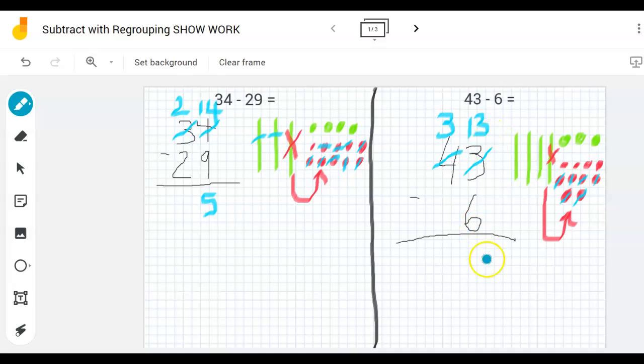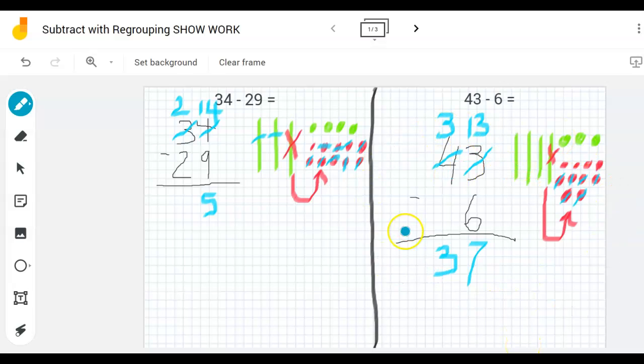All right, so what is 13 minus 6? How many are left? 1, 2, 3, 4, 5, 6, 7. There's 7 ones left. Now, let's go to our tens place. 3 minus 0. Do we have to subtract any more tens? Nope, we're good. We still have 3 tens left. So the answer is 37.